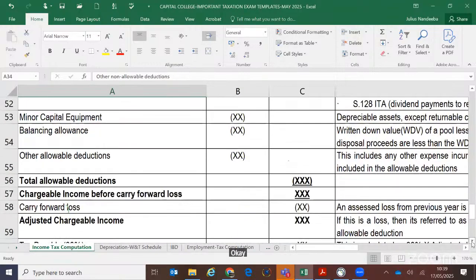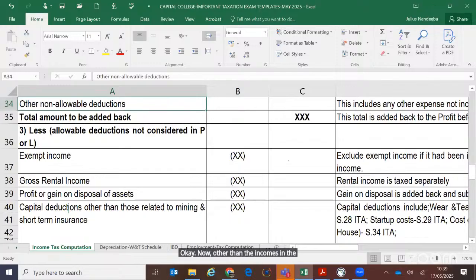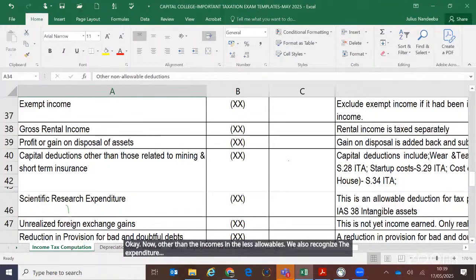Okay. Now, other than the incomes, in the less allowables we also recognize the expenditure that the taxman allows but the accountant has not taken care of.